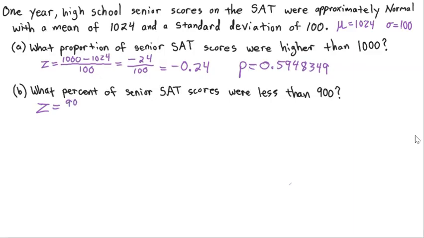So we're going to do 900 minus 1024 divided by 100. Okay, 900 minus 1024 is negative 124. And when we divide that by 100, we get negative 1.24. Okay, so here's our z-score.